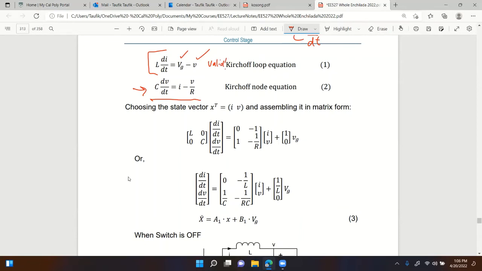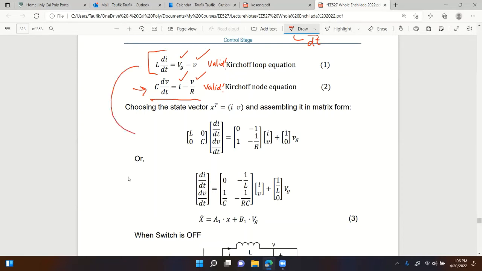In the second equation, I is our x, that's IL, and V is our state as well. So that's good also. Is that clear to everybody? So these two are valid. Basically, I'm done writing x1 dot and x2 dot.